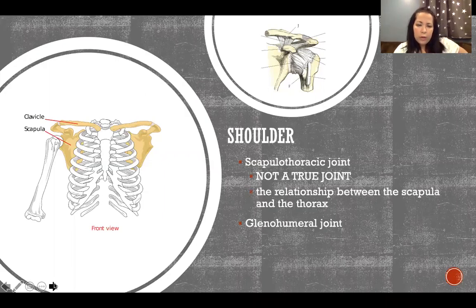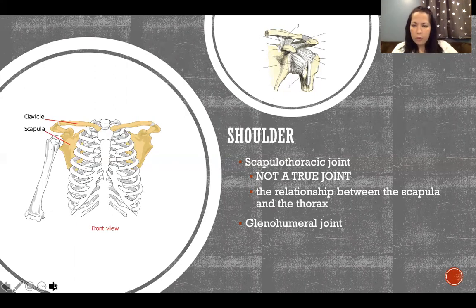The glenohumeral joint, that is our fourth joint of the shoulder. It's responsible for most of the movement of the shoulder that we describe: flexion, extension, adduction and abduction, internal and external rotation, circumduction, horizontal adduction and abduction. Those are all actions of the glenohumeral joint.